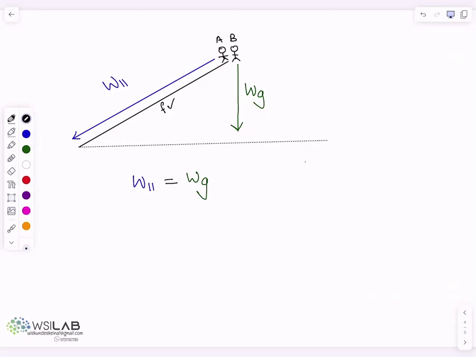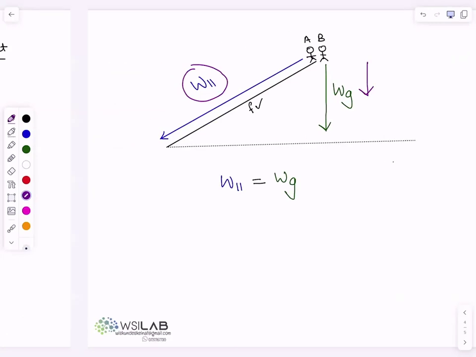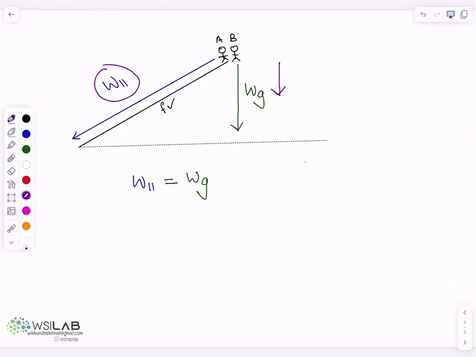But that's got nothing to do with the work that the Earth does on you. The Earth is doing the same work on both. So instead of making the person slide down, you can just make him jump down and you'll have the same energy. So we're going to use this, very important. We're going to re-look at this over and over again.